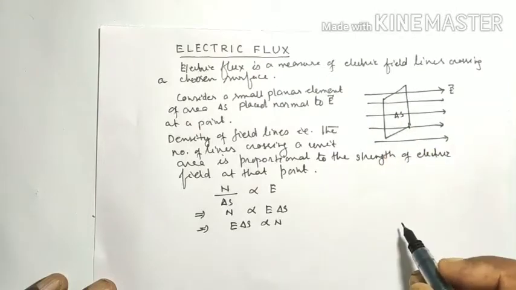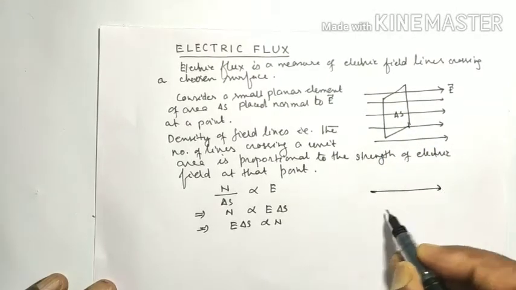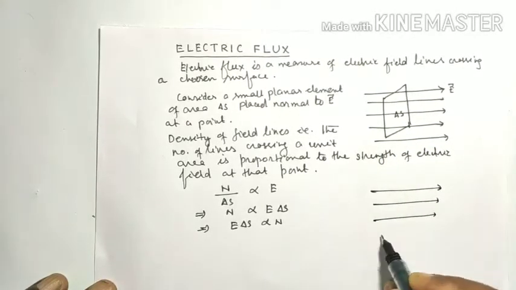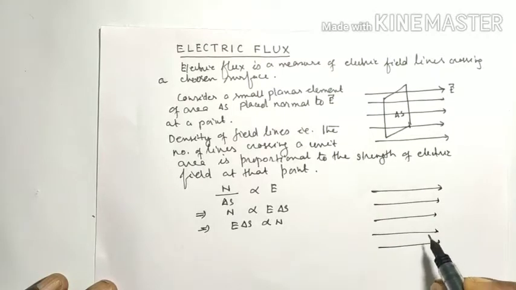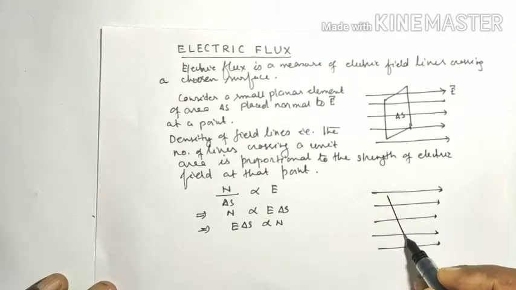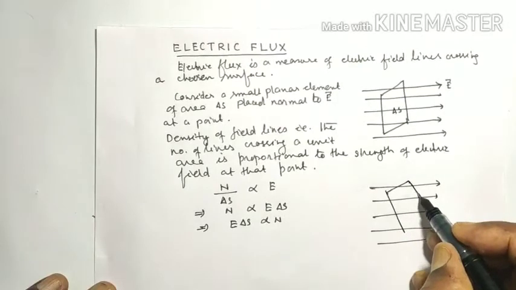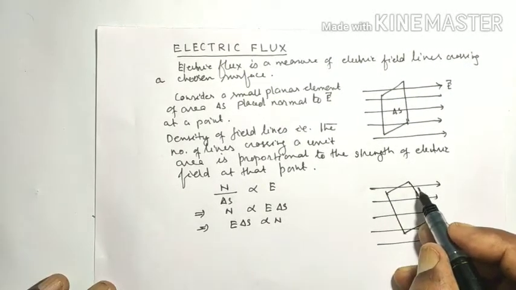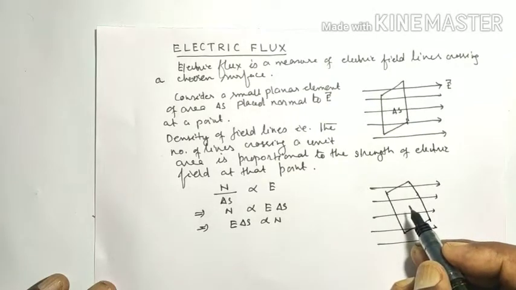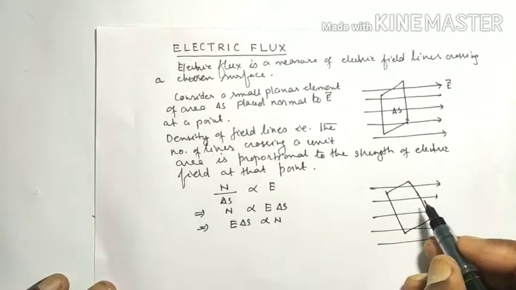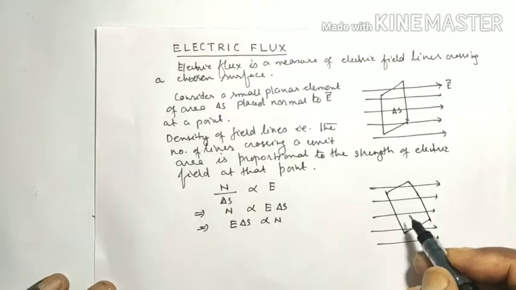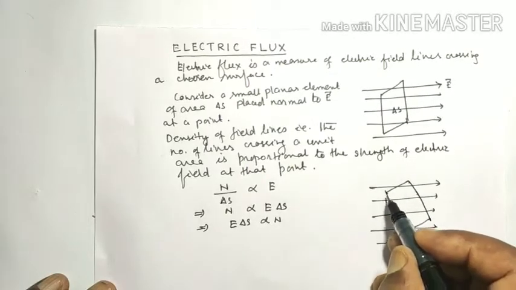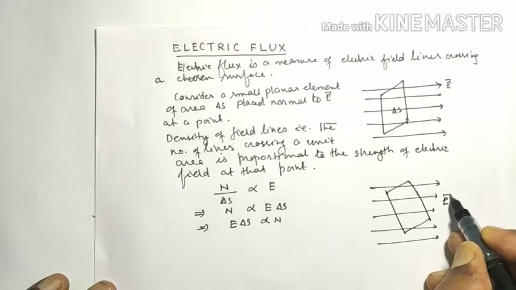If we tilt the area, like this, here the number of field lines crossing this area will be lesser, because it makes certain angle with the normal to the electric field. This is electric field.